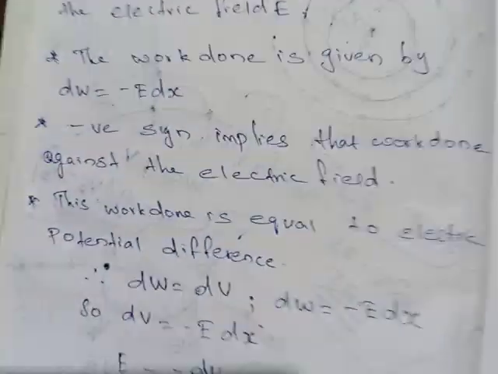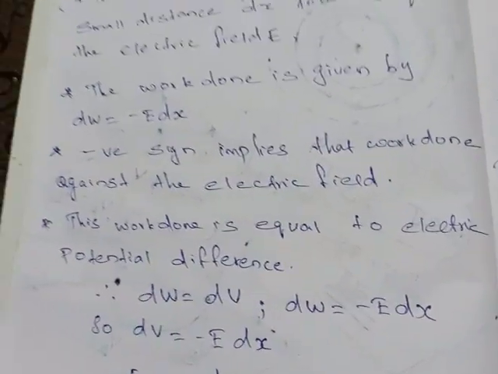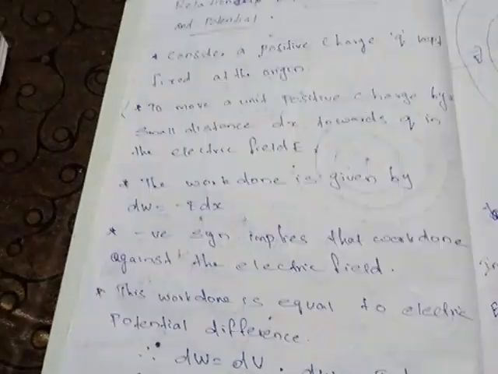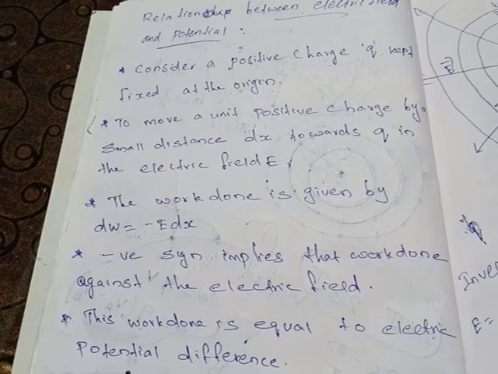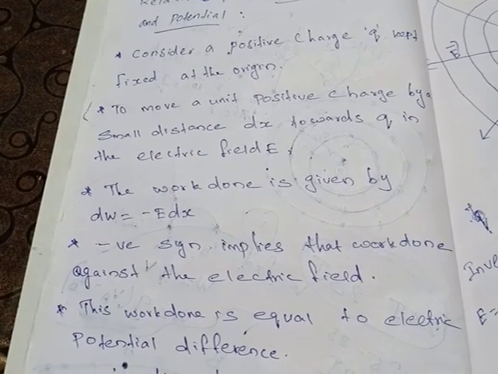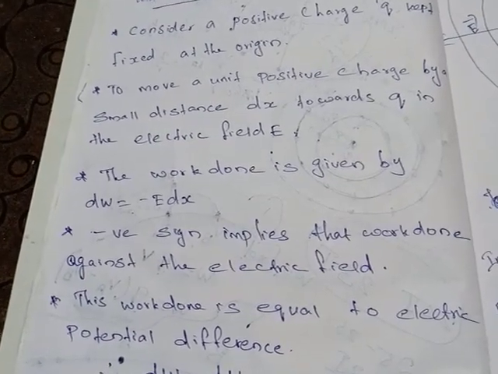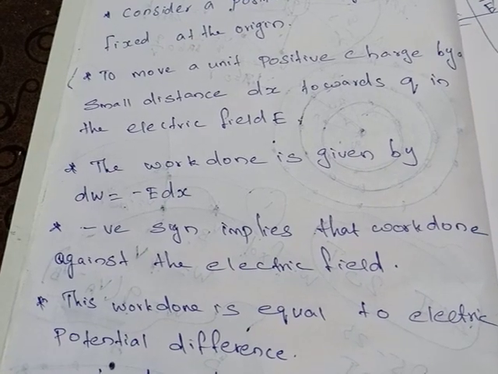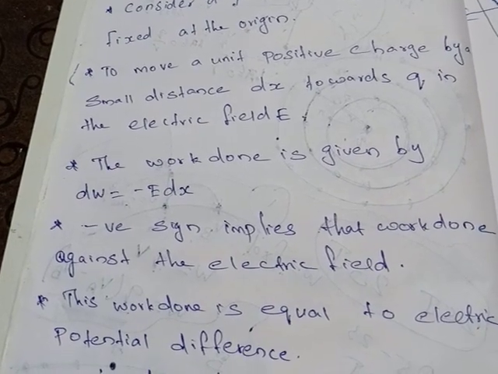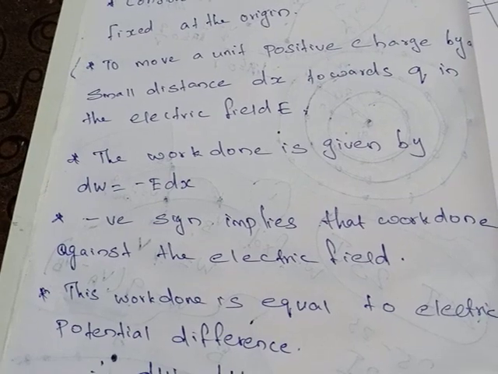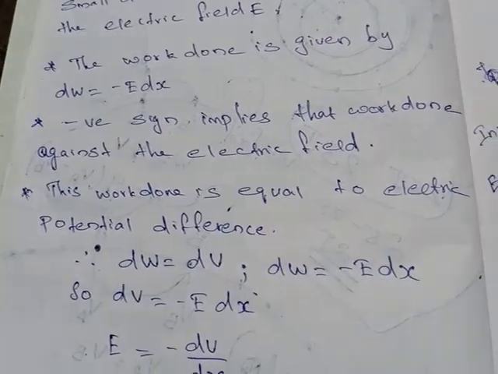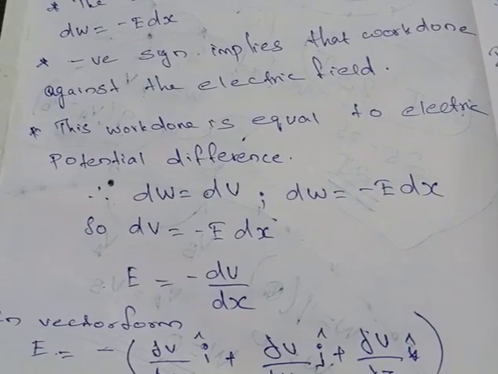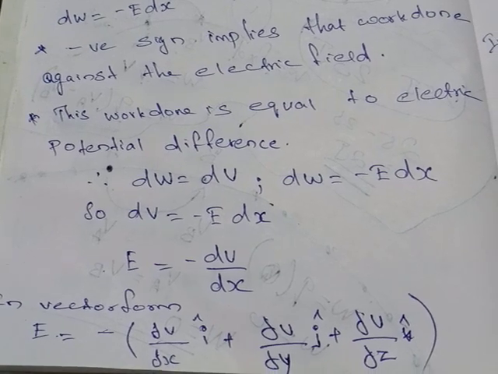Okay, so you can take a screenshot of this page. You see the relationship between electric field and the potential difference. Consider a positive charge Q kept fixed at origin. Now we are moving a unit positive charge by a small distance dx towards Q in the electric field E. The work done is given by dW is equal to minus E dx, and here the minus sign implies work done against the electric field.